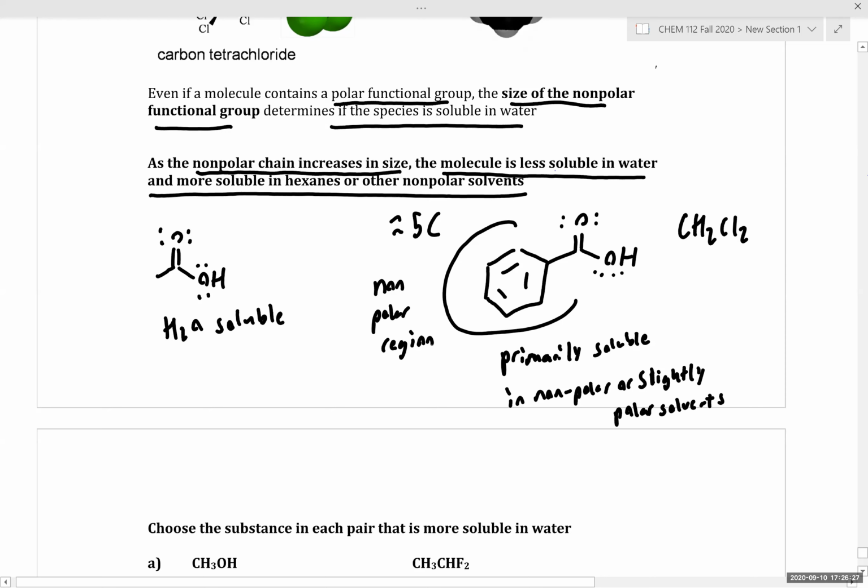And as a result, when we think about how this molecule will interact with different solvents, the nonpolar region, which is the bulk of our molecule, can more favorably interact with a slightly polar or nonpolar solvent, such as dichloromethane, compared to a hydrogen bonding, very polar solvent like water. And the larger this nonpolar region becomes, the more your compound will prefer to dissolve in nonpolar or slightly polar solvents.